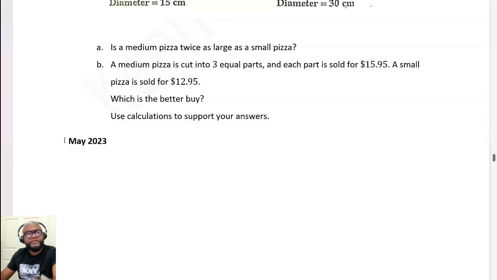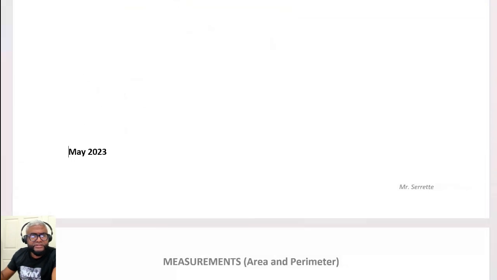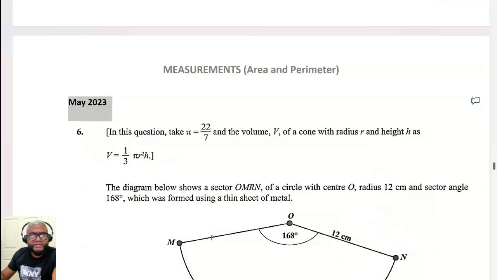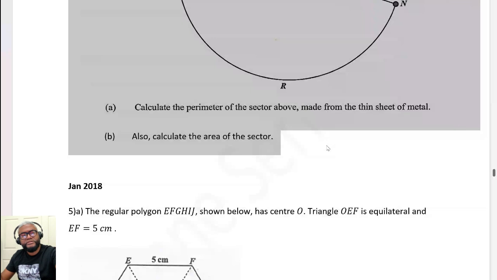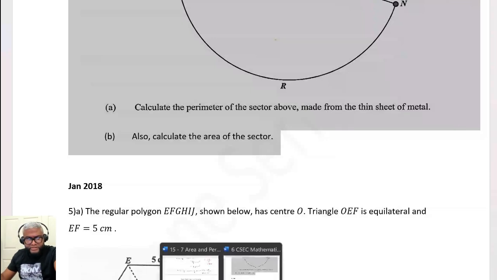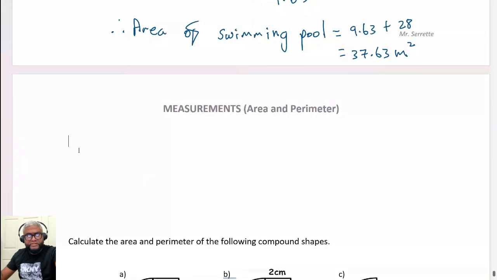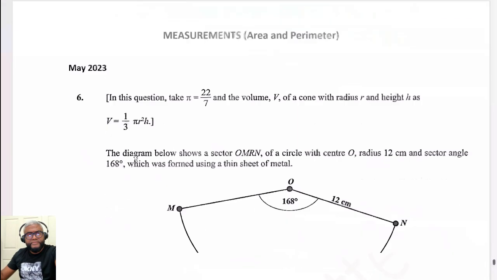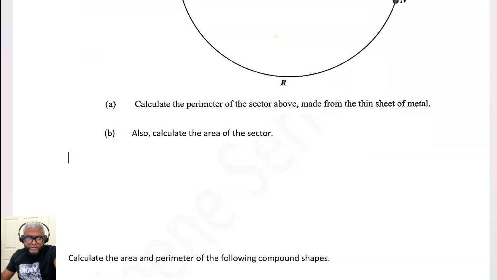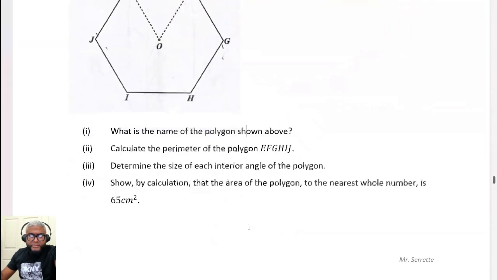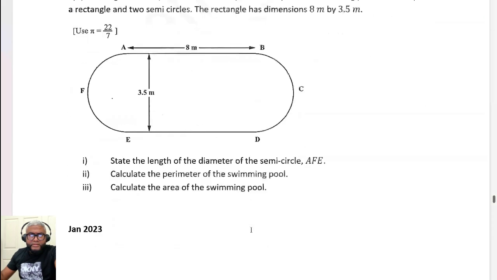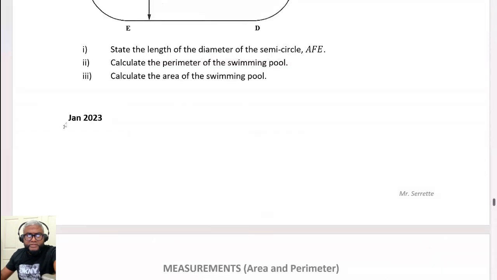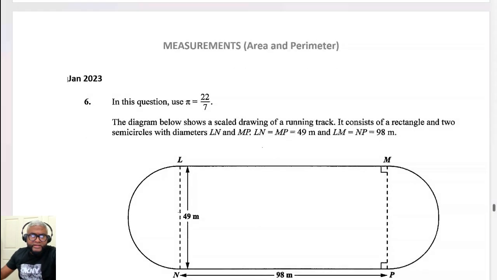Right, like this is May 2023. Look, this one is January 2023, similar to the one we just did there.